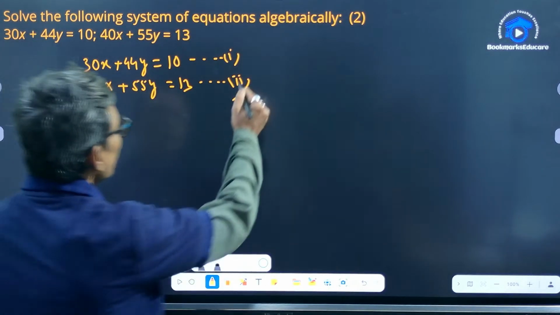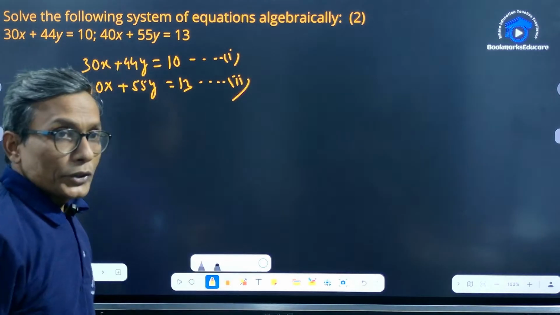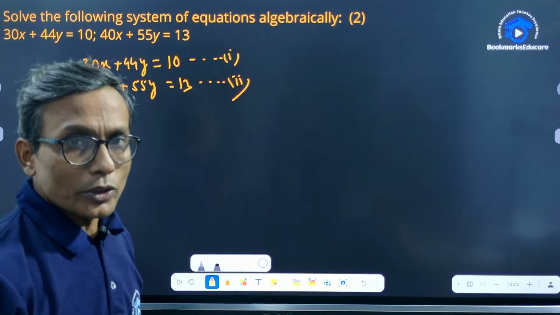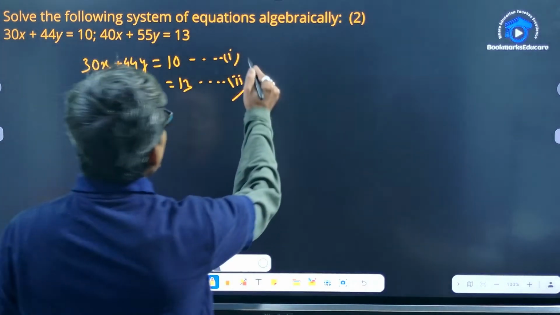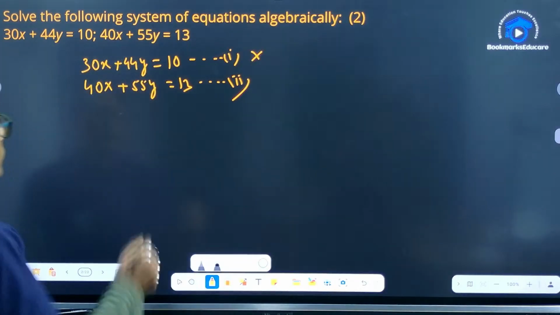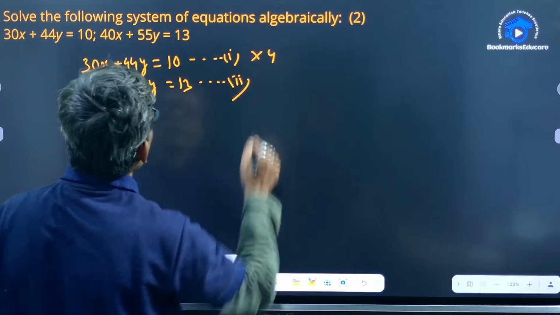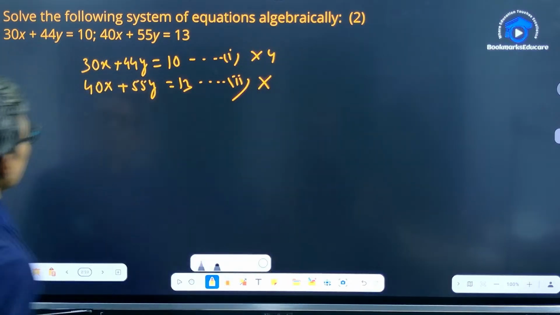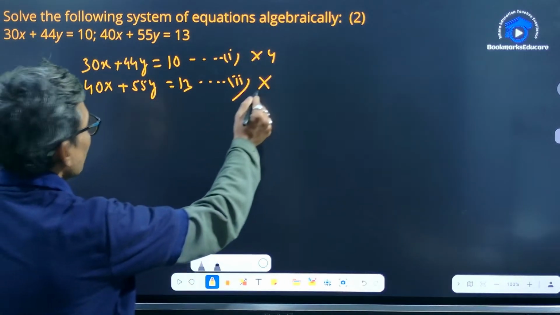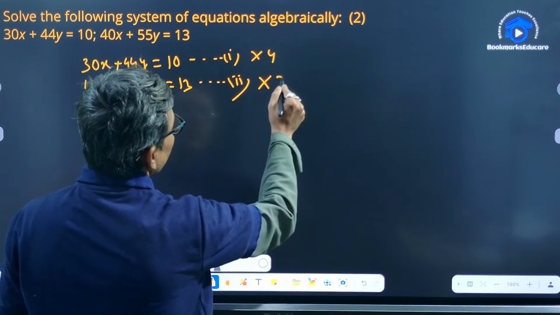So first of all, we have to equate the coefficient of x in both equations, multiplying equation number 1 by 4 and equation number 2 by 3.